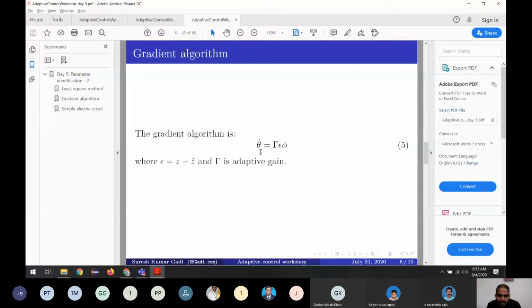Take this algorithm, the theta dot is equal to this differential equation, right?